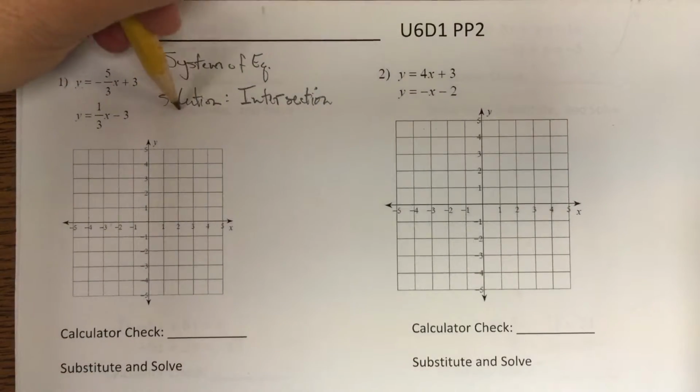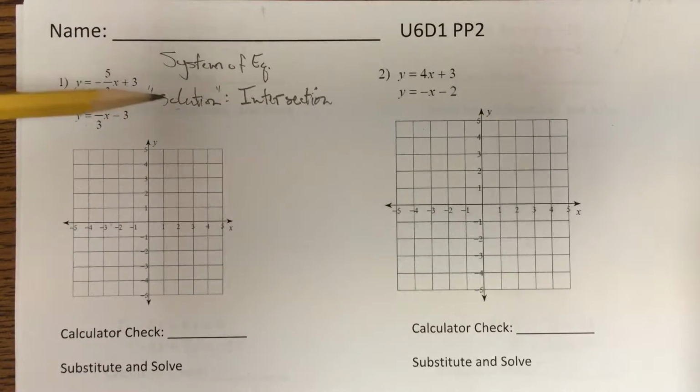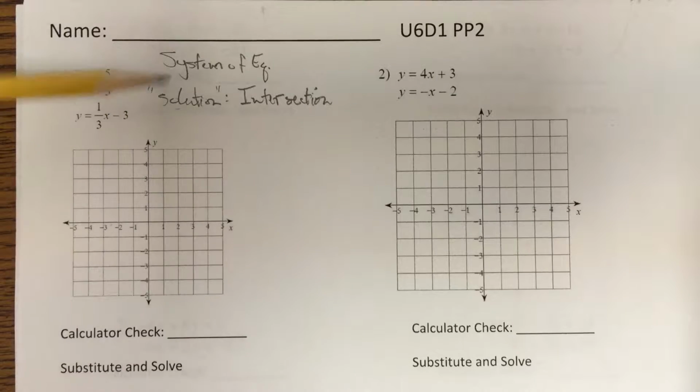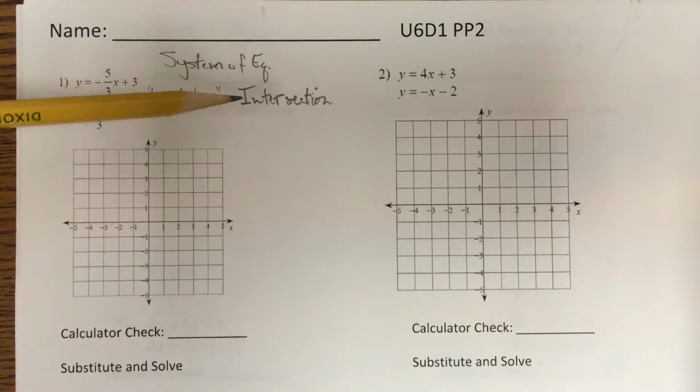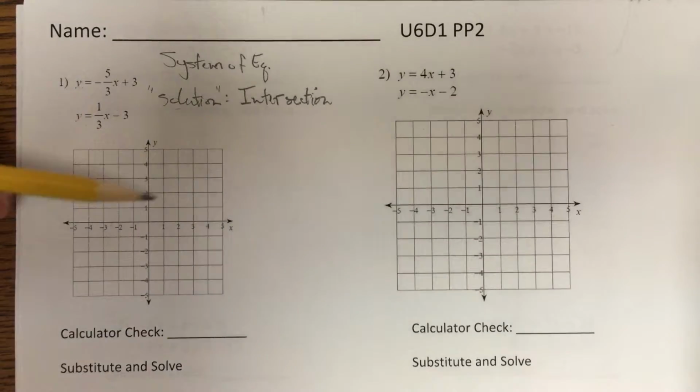This word solution gets used a lot in math class. When we just got done working on inequalities, the solution of an inequality is the shaded space. But when we're dealing with a system of equations, two or more lines, the solution is the intersection. So we can take this and graph it very easily on this graph, and find the intersection point. Again, this part should be familiar to you.